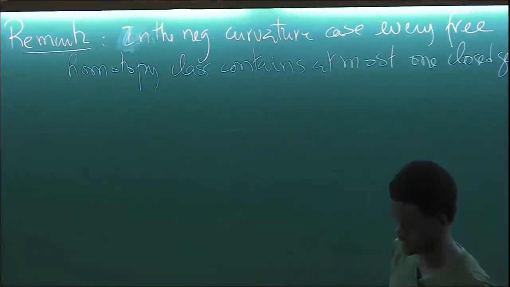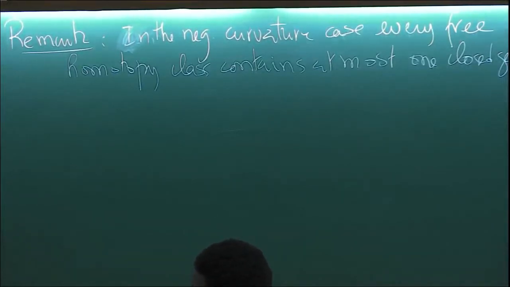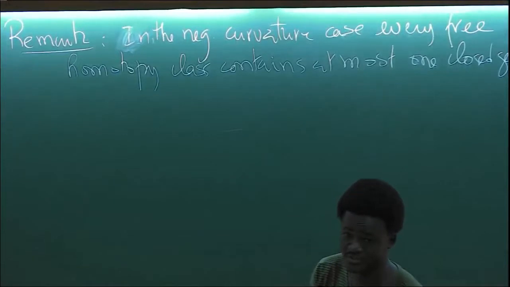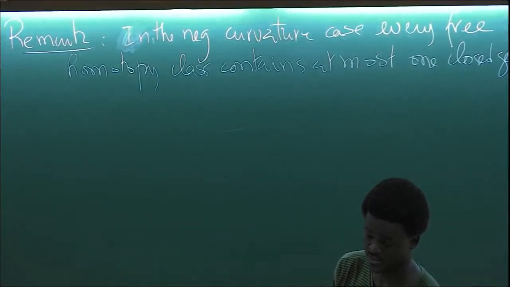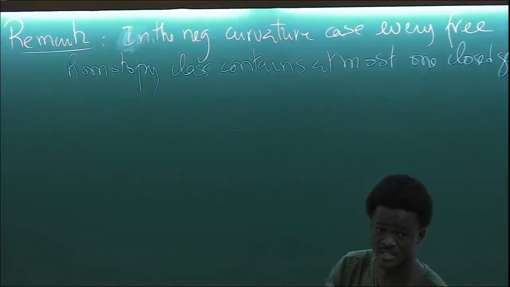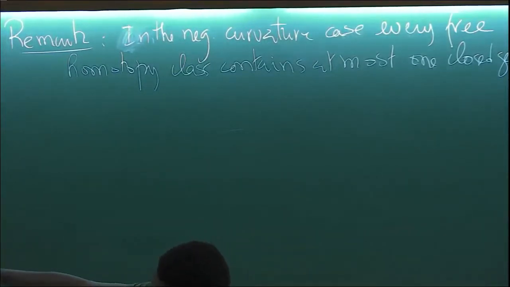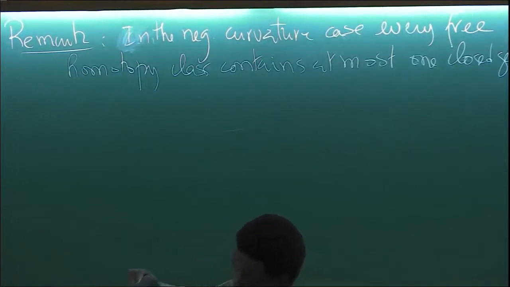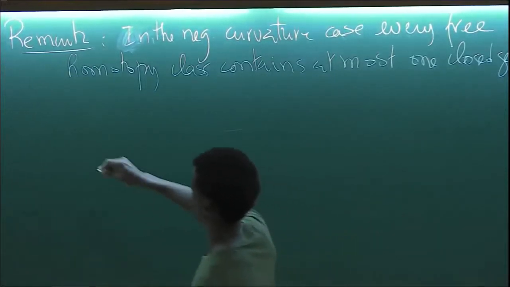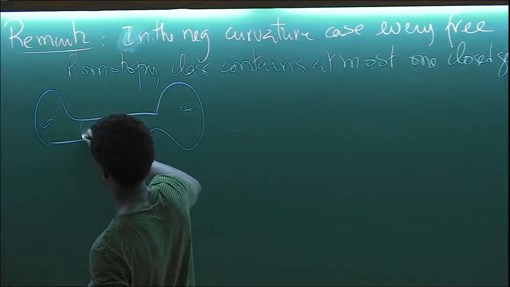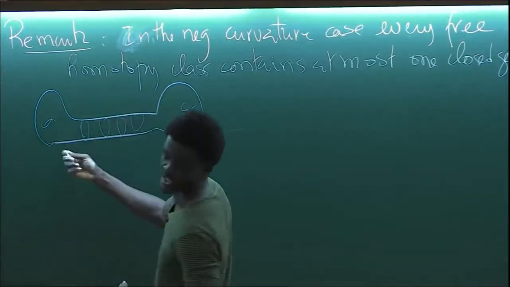This is a key problem that we face when you try to generalize things from negative curvature to non-positive or to no conjugate points. This is just because in negative curvature, we know that the geodesic flow is Anosov, so it is expansive. So you cannot have two orbits that stay at a bounded distance for all time. But in the non-positive curvature case, you can think of these flat strips. You can think of this picture here, where all these geodesics belong to the same free homotopy class.